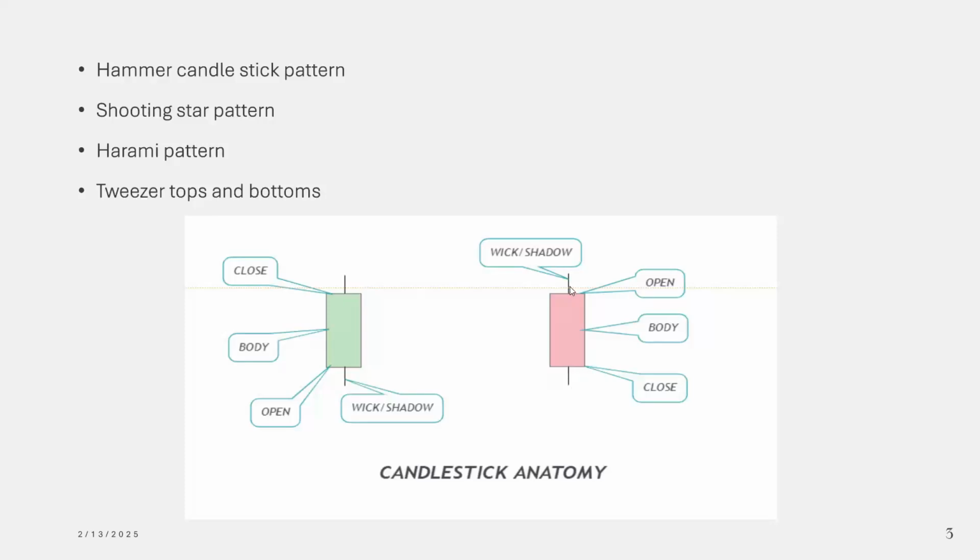So anytime you see something like this on the candlestick, this is a wick or shadow, and where price has been. Then this is the body. For a sell, it opens above the close price. For a buy, it opens below the close price. So that is simply what candlestick anatomy is.